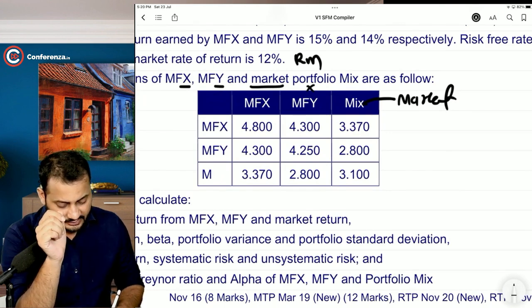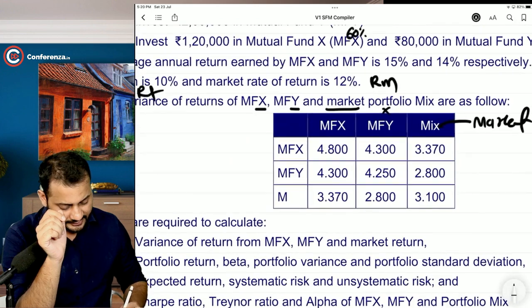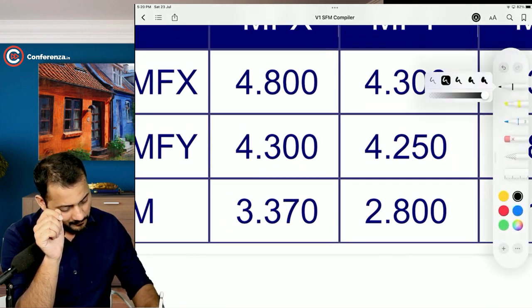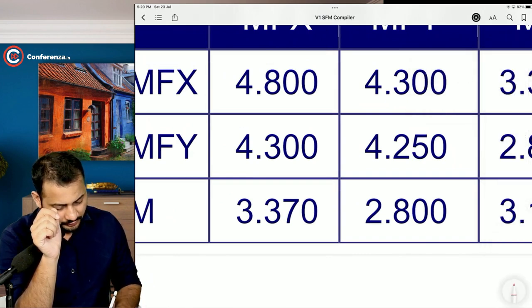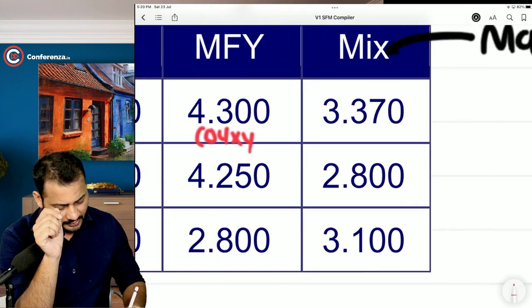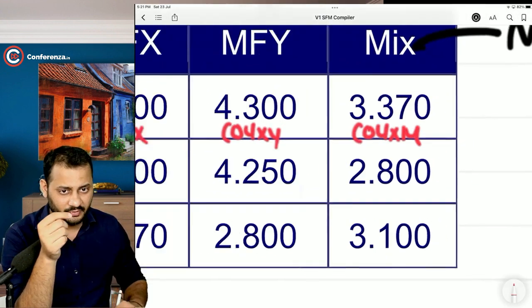So basically this is nothing but covariance of X with X. Let me just write it down. You can call it covariance of X with X, covariance of X with Y, and covariance of X with market. That's the last column, of market.